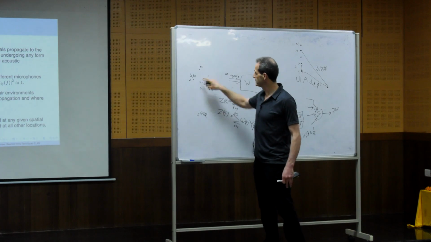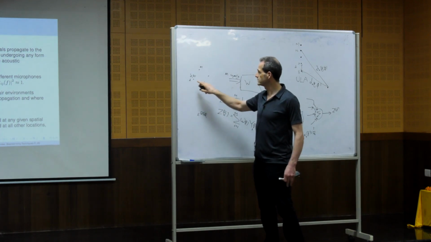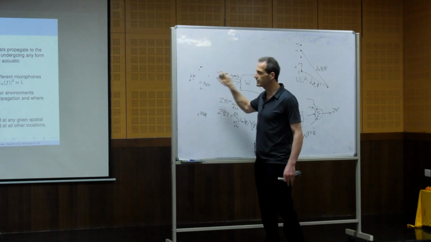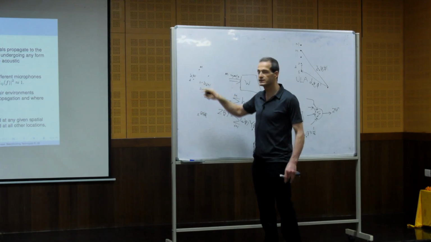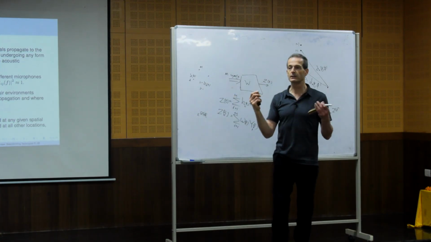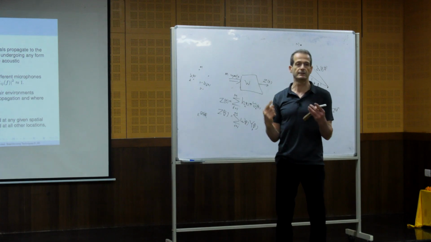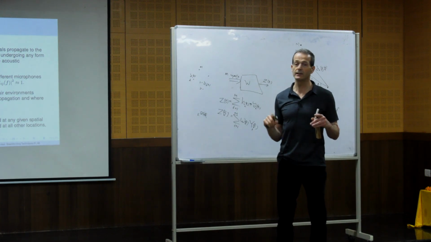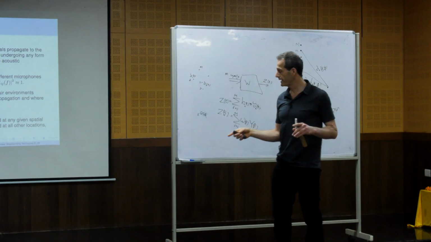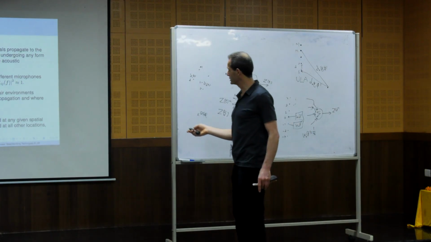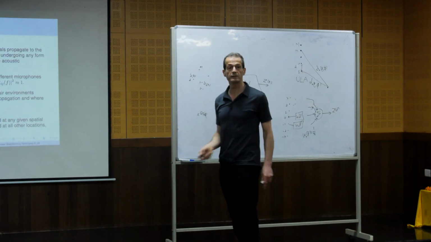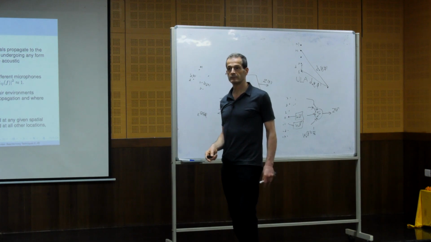So if the relation between the signals in any two sensors is a simple delay, the magnitude squared coherence equals 1.